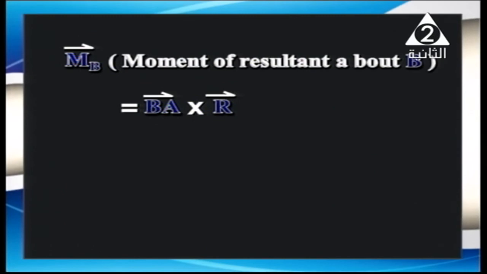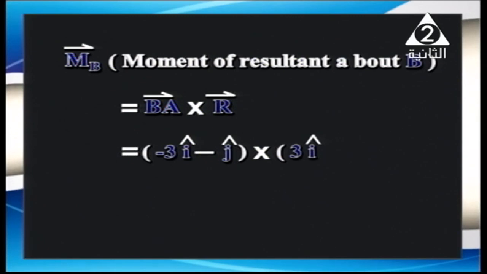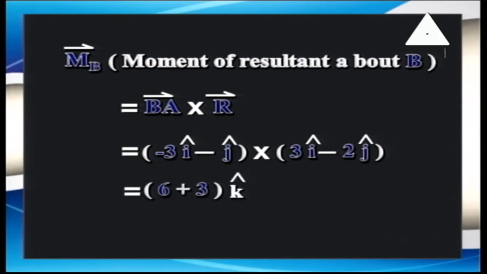BA vector is negative 3I vector negative J vector, times R vector with components 3I vector minus 2J vector. Then negative 3 times negative 2 equals 6, minus negative 1 times 3 equals 3, so 6 plus 3 equals 9K. Then the moment about B equals 9K.